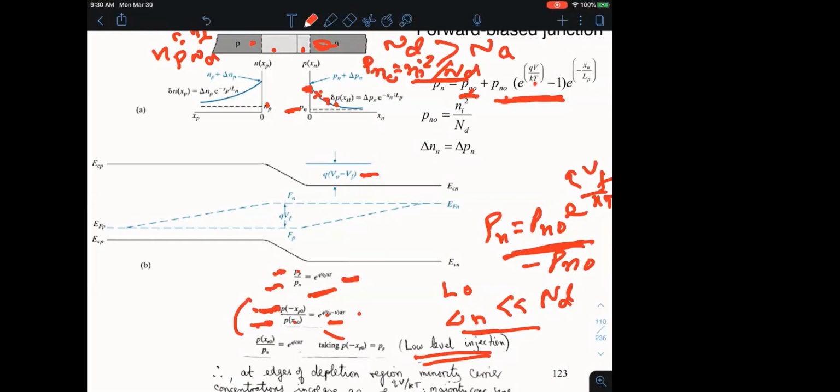Now, once I create an excess of minority carrier holes on the n side, compared to what the hole concentration is far away, I clearly establish a concentration gradient. And we've learned before spring break, anytime you have a concentration gradient, you give rise to a diffusion current. What is the form of the diffusion current? For holes, the diffusion current will be proportional to dP dx.